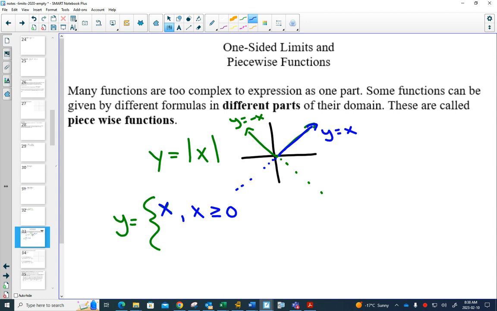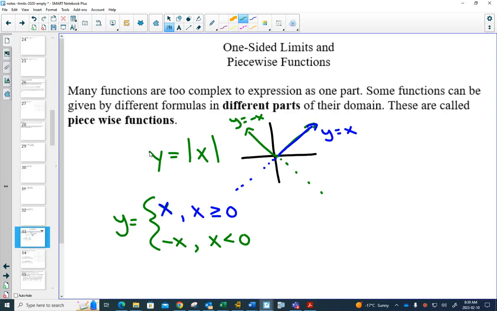And then for the green one, the other time it's negative x when x is less than 0. It has two pieces. And check it out. If you plug in 5, you'd fall into this top part, and the answer would be 5. If you plugged in negative 3, it would fall into the bottom part, and you would have negative negative 3, which would make it positive 3, which makes it work out.